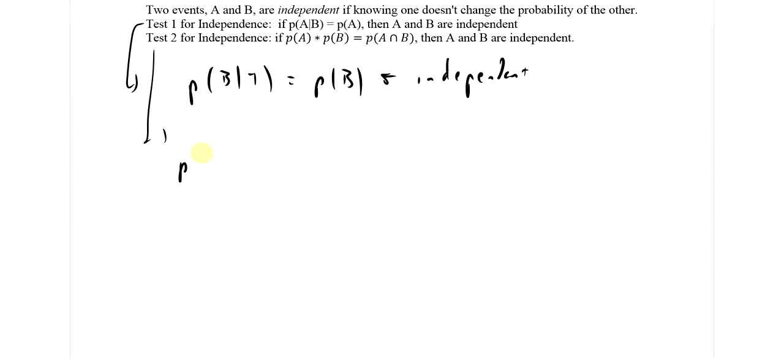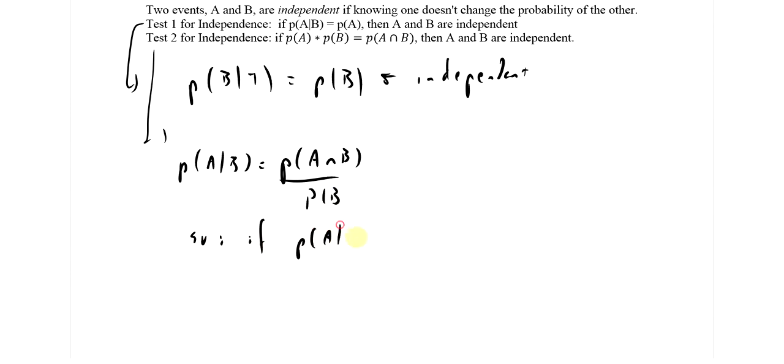Well, P of A given B, right, we're working on this part, is the probability of A intersection B over the probability of B. So if the probability of A given B is the same thing as the probability of A, that's our definition of independence.